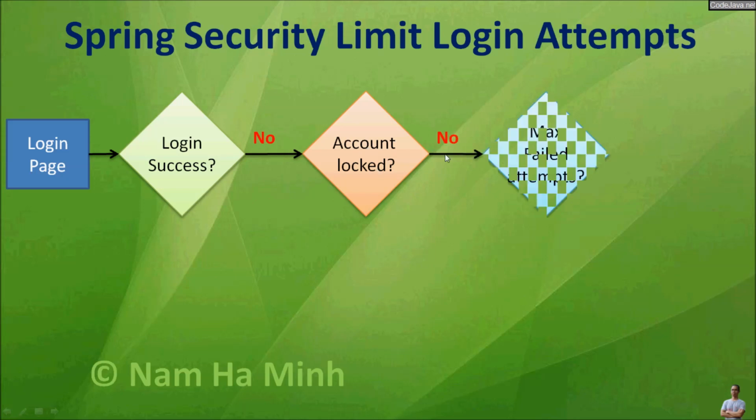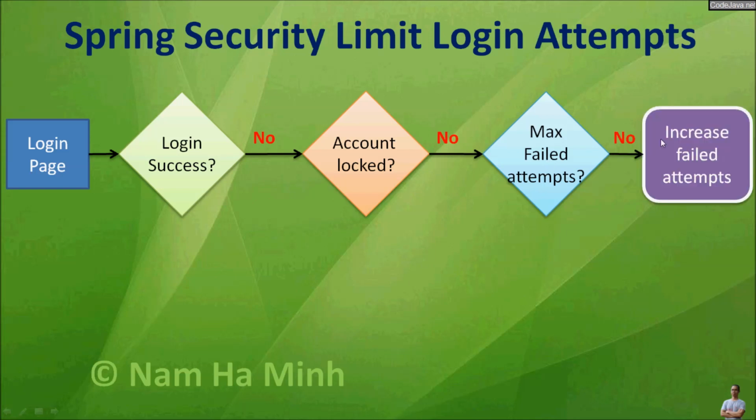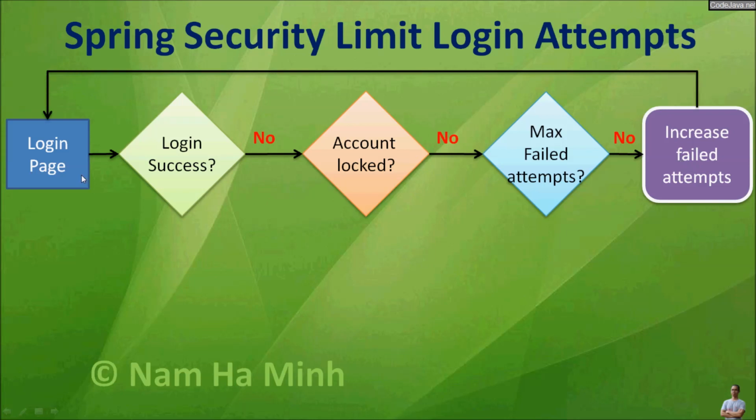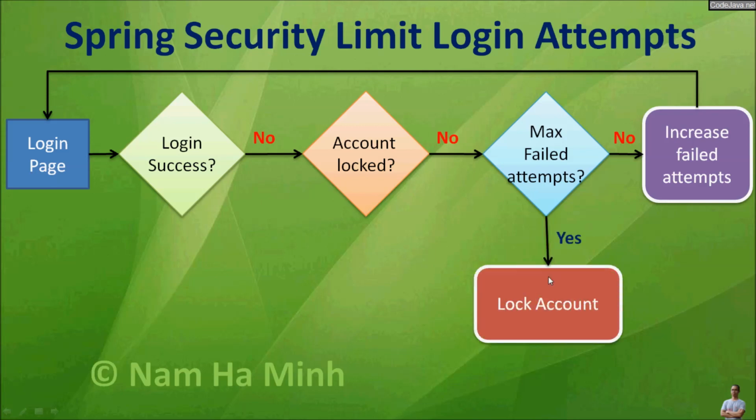If not, we check if the maximum number of failed attempts is 3 or not. If not, we increase the number of failed attempts by 1 and return the user to the login page with an appropriate error message. In case the number of failed attempts is 3, we lock the user account and display a warning message in the login page.